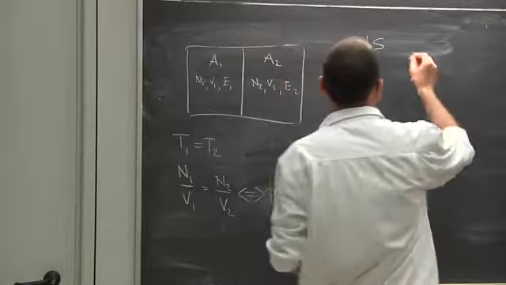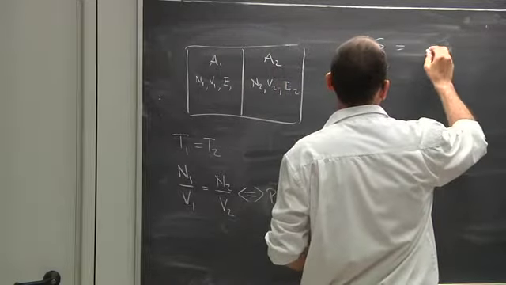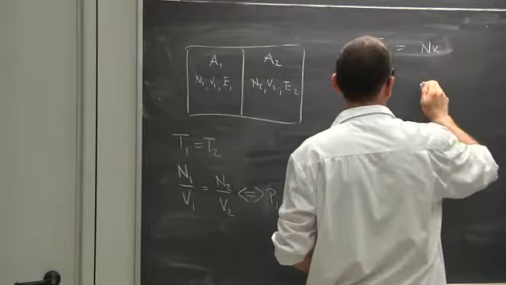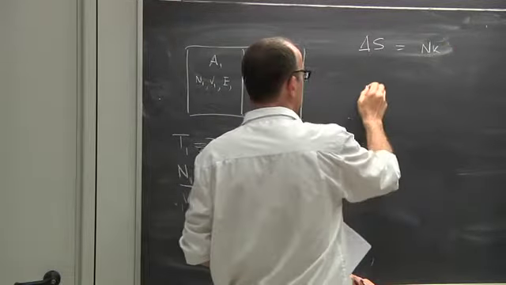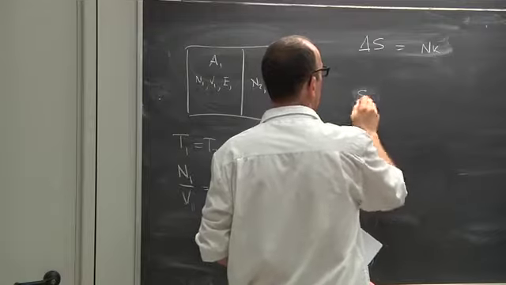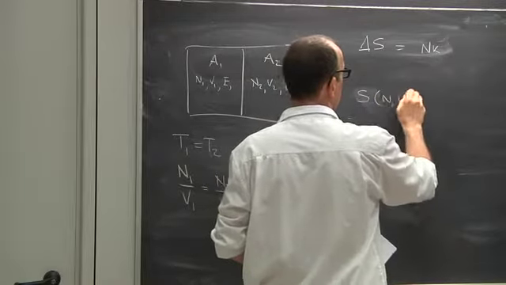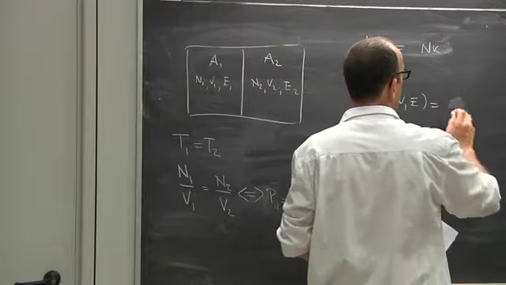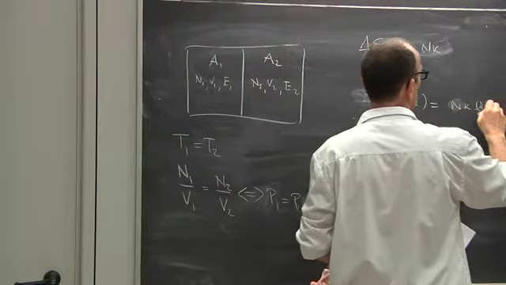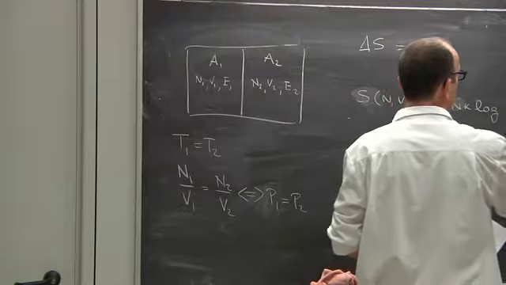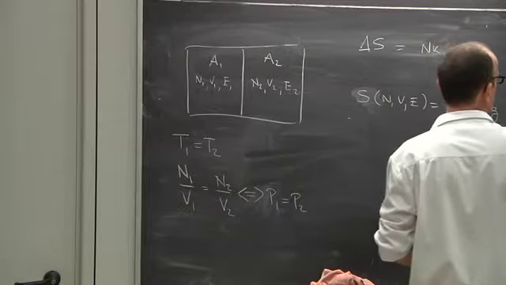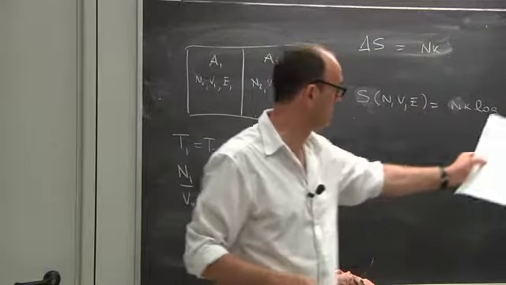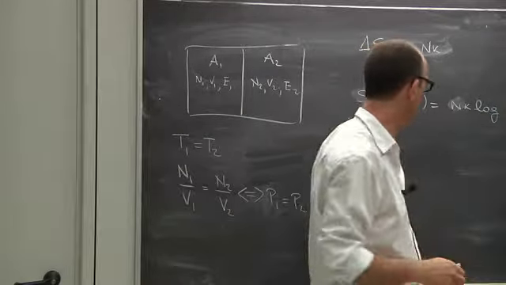So the change in the entropy is really, the entropy of the system, what I only care about, the entropy of the ideal gas, as we said, is N k times log V plus another part which depends only on N and E. But this part is not going to change, so I don't care about this, okay?